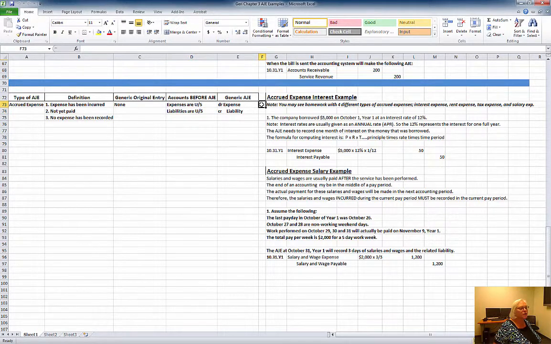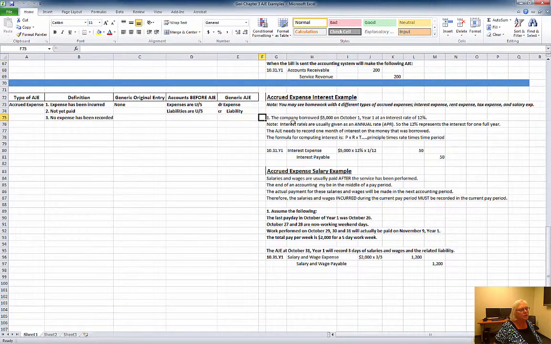Okay, for our example, you may see homework with 4 different types of accrued expenses: interest expense, rent expense, tax expense, and salary expense. And I'm going to show you an accrued interest example because we need to talk about how you calculate interest at this point.